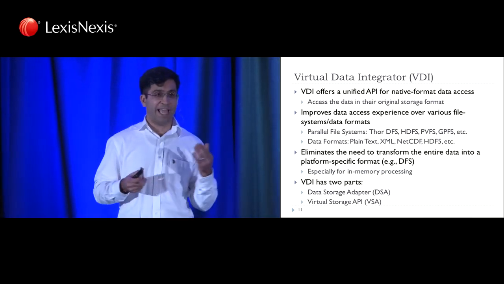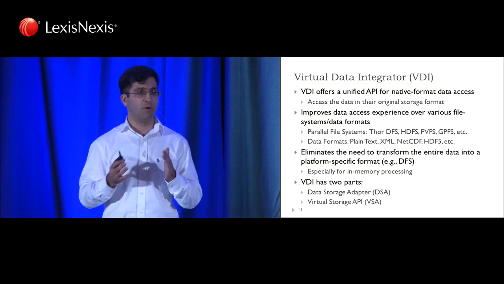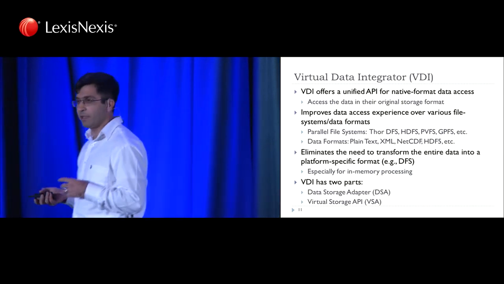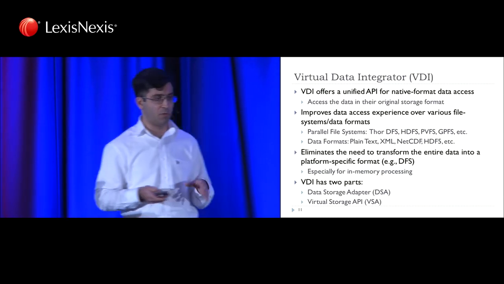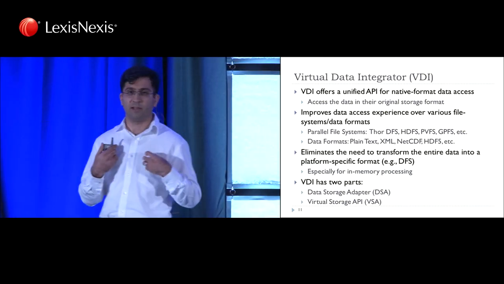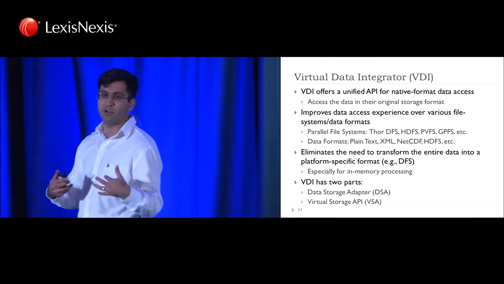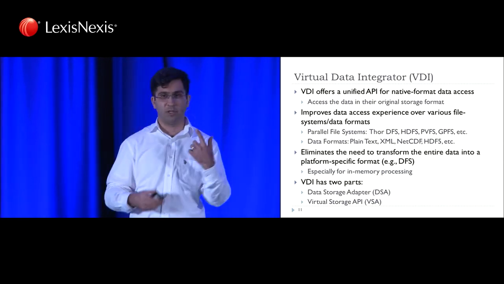So if you want to use Hadoop or even spray into the Thor, the data is going to go obsolete or you're going to be overwhelmed by it. You need something to quickly load the data directly from the original file into memory, into the Thor, rather than doing that spraying.